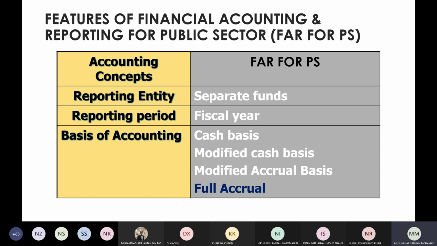So if you find an accounting report or financial statement of a government agency, the year end should be December 31st. One reason, of course, is budgetary and parliamentary control, because the budget is for 1 year and follows the fiscal year, so the financial report also follows the fiscal year. Budget is prepared and allocated based on the fiscal year, then the reporting also follows the fiscal year, right?